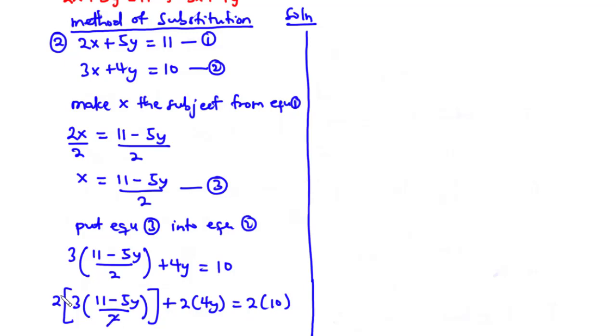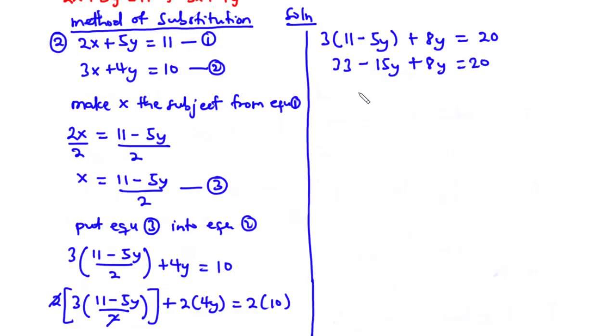So 2 cancels out 2. We are left with 3 times (11 minus 5y) plus 8y equals 20. So this becomes 33 minus 15y plus 8y equals 20.